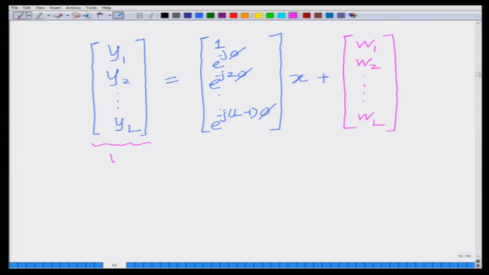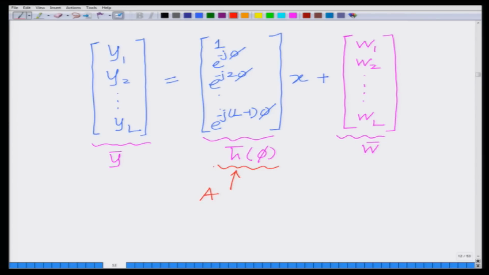So, this I can denote by my received vector y bar. This I can call the vector h bar of phi, which depends on the angle phi, and this is my noise vector w bar. I can also write this h bar as a function of theta.